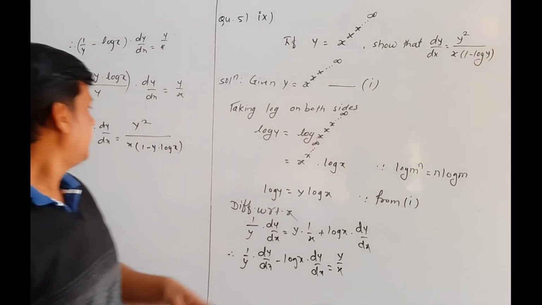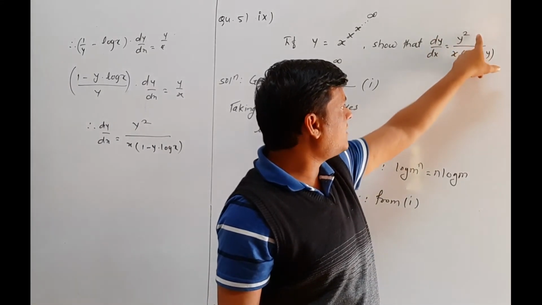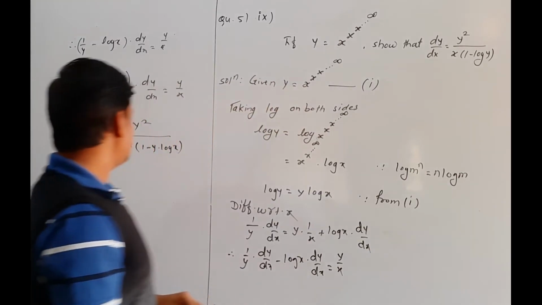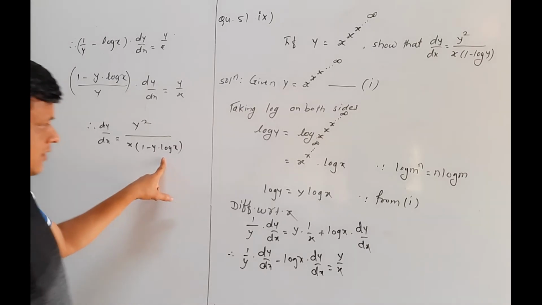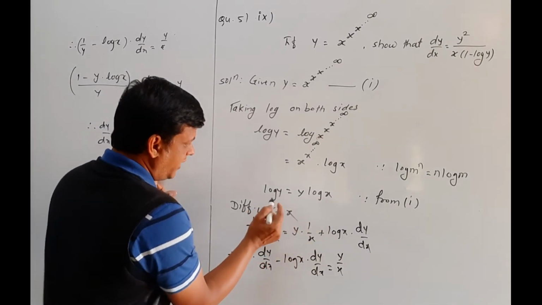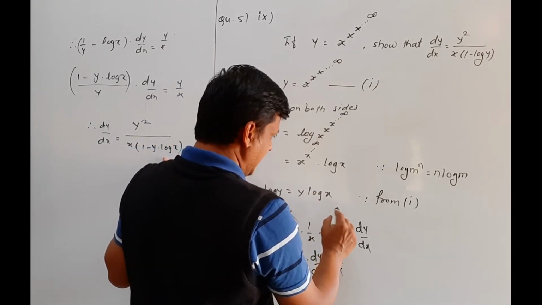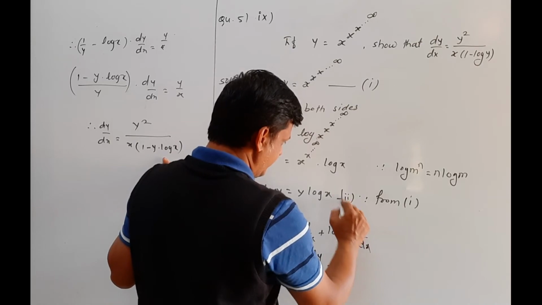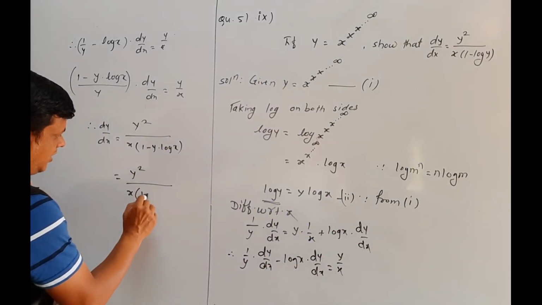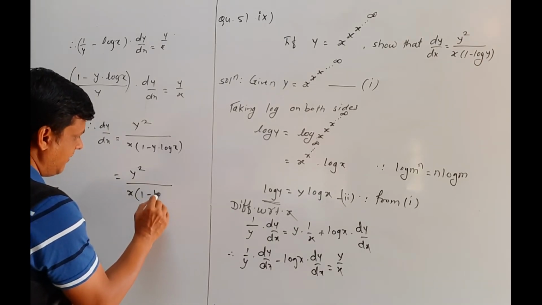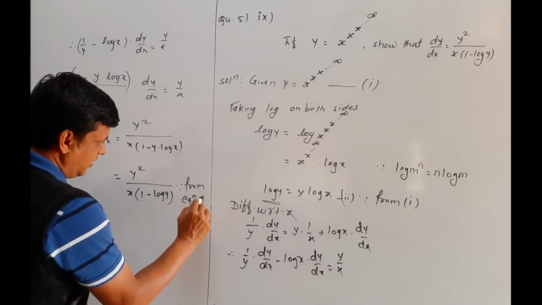Now see the value. We have to show here dy by dx is equal to y square upon x into (1 minus log y). So here this value y log x we replace by log y. For your convenience, write this as equation number 2. So we write here y square upon x in bracket (1 minus log y), and reason: from equation 2.